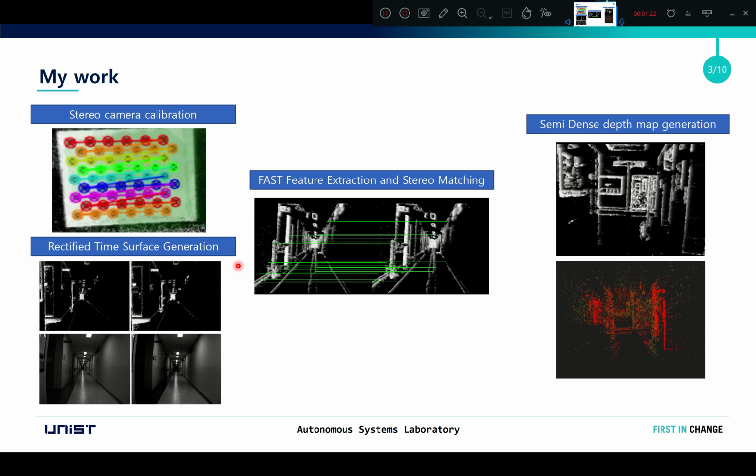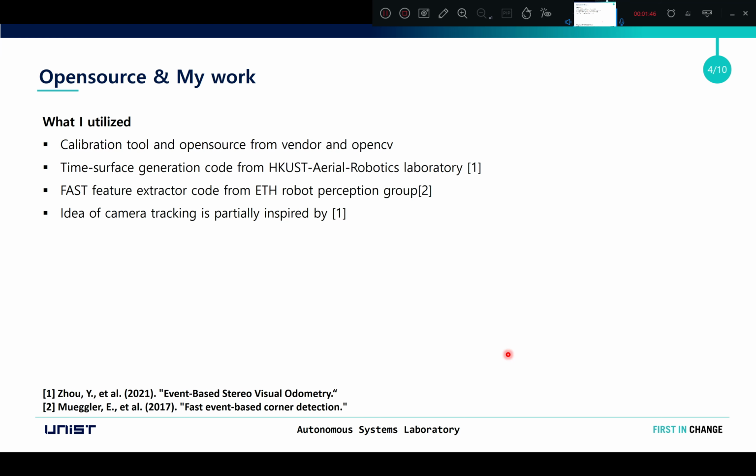Using the rectified time series, I extracted the Best picture and did stereo matching from left to right. Then finally, I did semi-dense depth map generation. Using that time series, I generated a 3D map, but it did not work well. I will introduce that later. And using the semi-dense map, I propose a tracking algorithm for the stereo event camera.